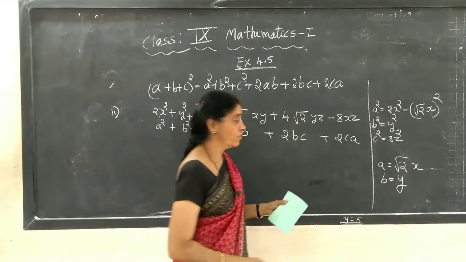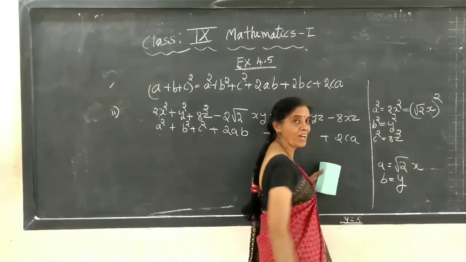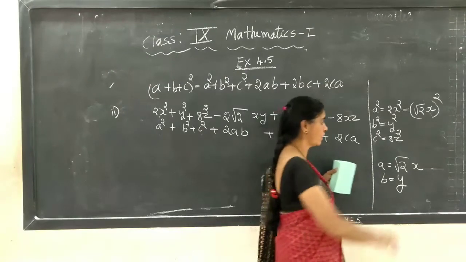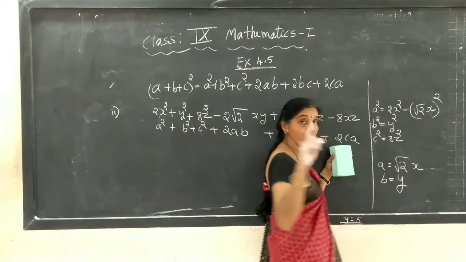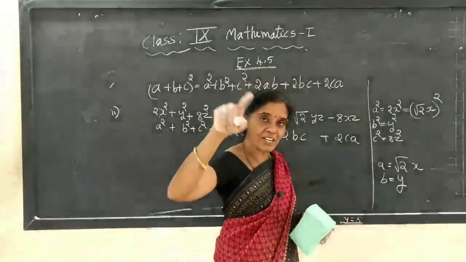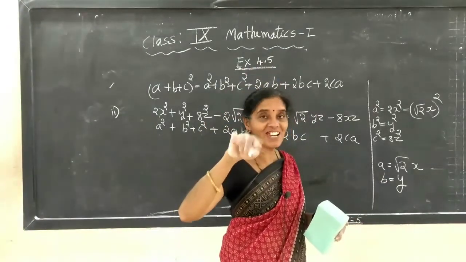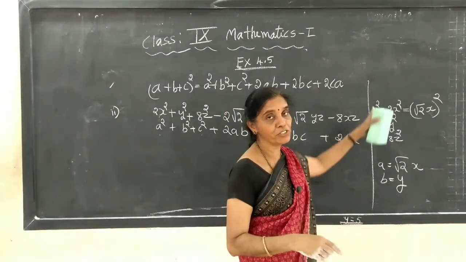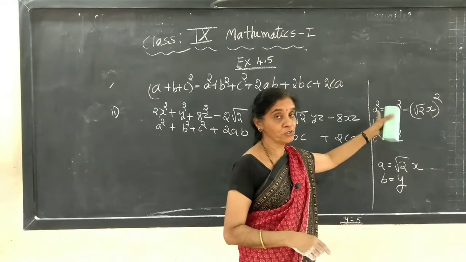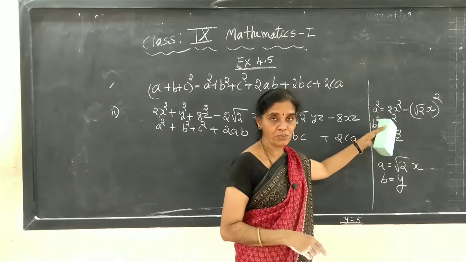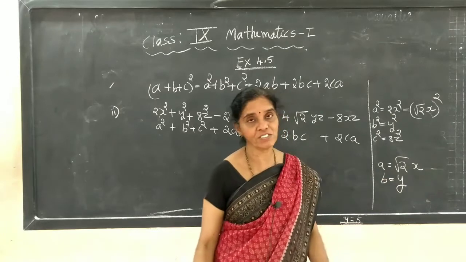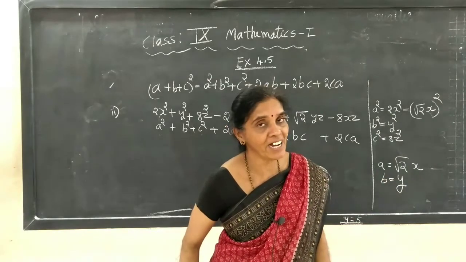Okay. Now, to get 8, which square root number do I have to take, so that when you square it, the root cancels and you get 8? Similar to square root 2, because 8 is not a perfect square number, square root 8 I have to take.